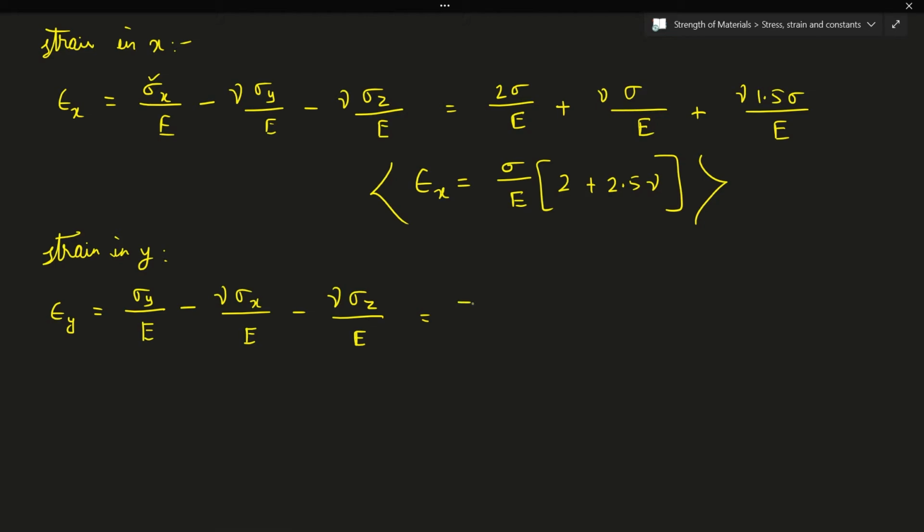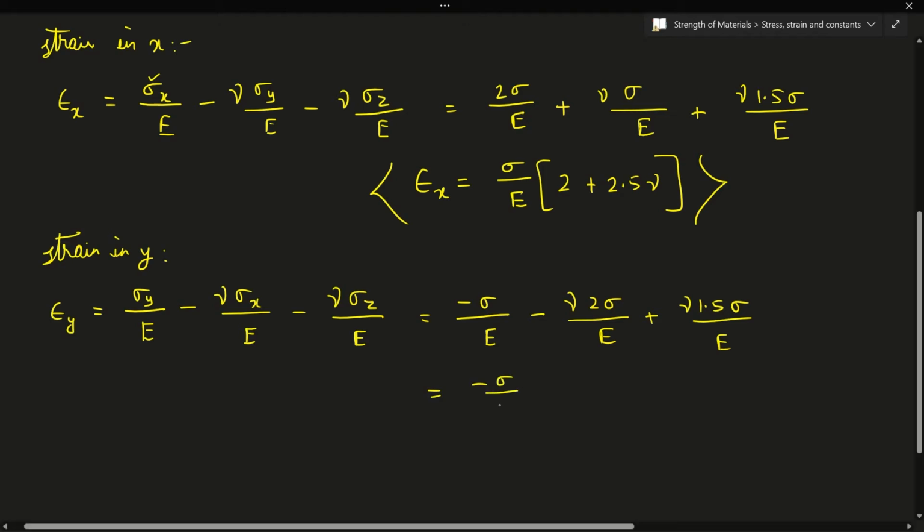Sigma y is minus sigma divided by E, and sigma x is positive, so I'll have minus nu into 2 sigma divided by E, and sigma z is negative, so minus into minus gives positive nu into 1.5 sigma divided by E.